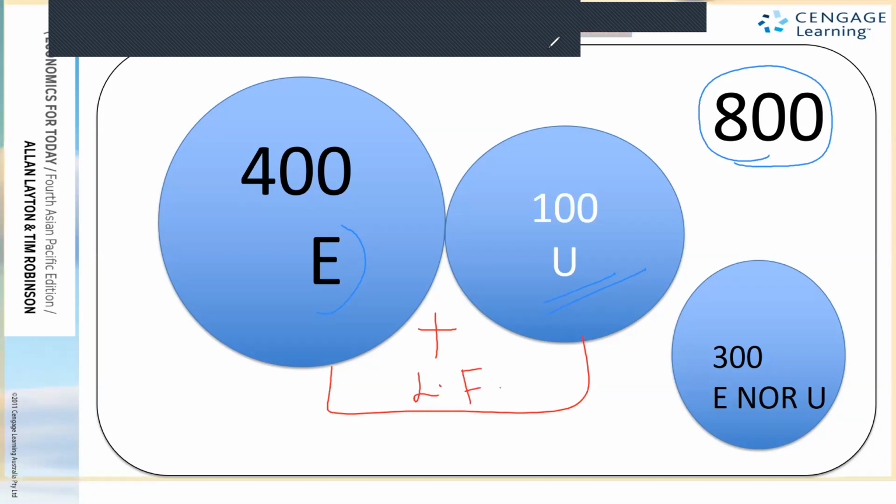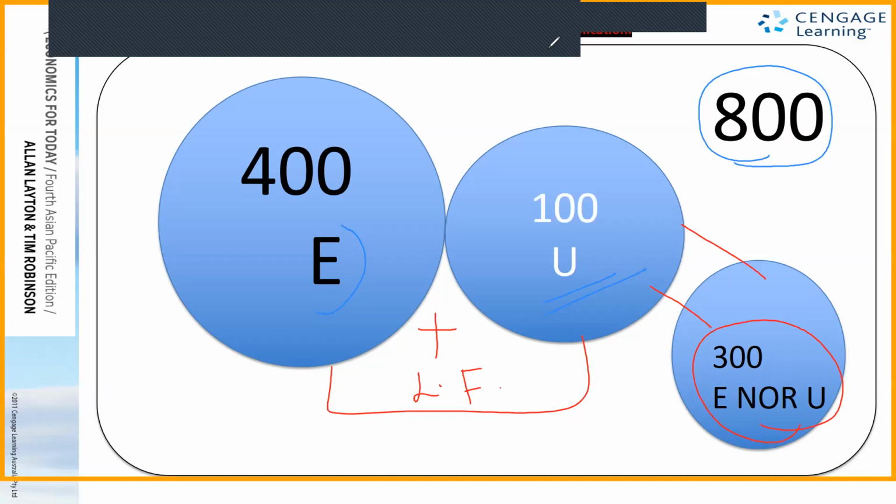And these are the people, in fact, who are neither employed nor unemployed, but they make a lot of difference to the total changes in the unemployment rate. If more people choose to join the workforce and start actively looking for a job, you can see that possibly the unemployment rate can go up.